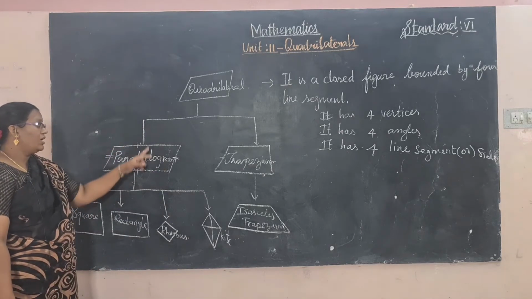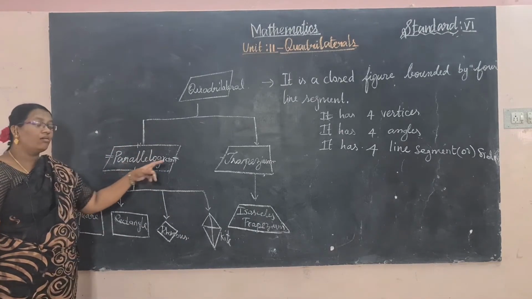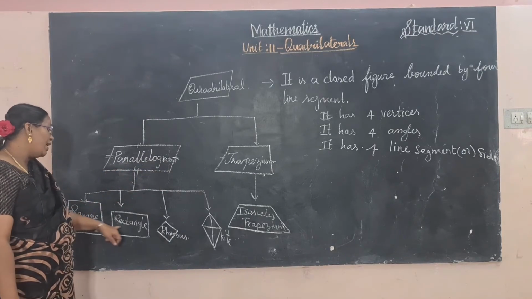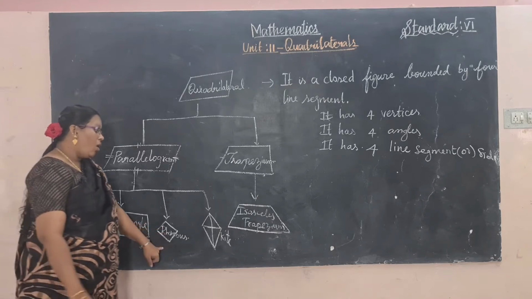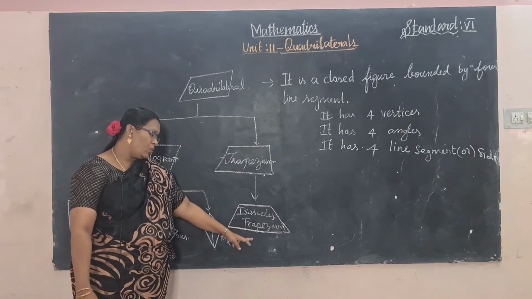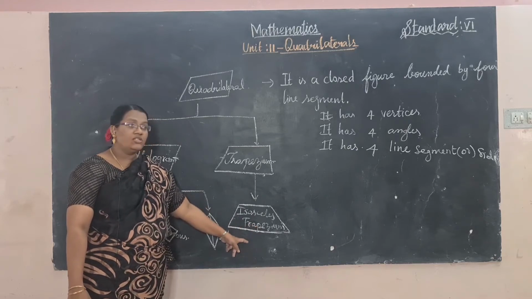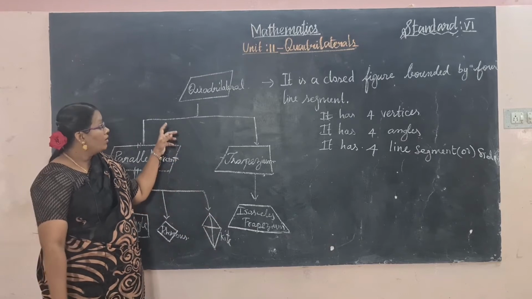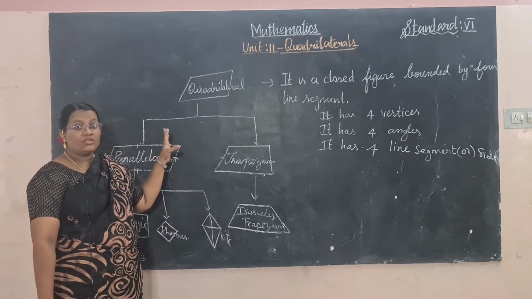The quadrilateral is divided into two types. One is the parallelogram, another is the trapezium. The parallelogram has four types: square, rectangle, rhombus, kite. And the trapezium has only one type, the isosceles trapezium. Do you understand this concept? What is the definition of a quadrilateral?